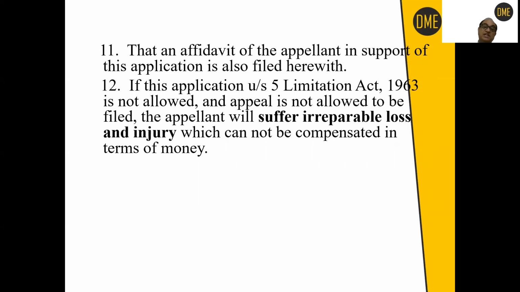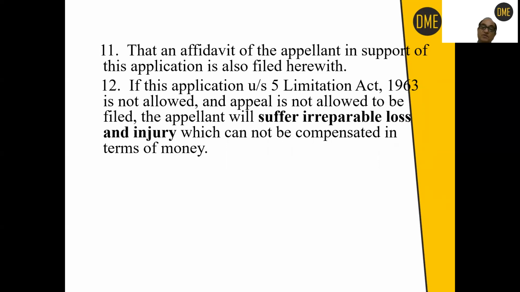Now the additional reason why your sufficient cause should be accepted, why your delay should be condoned, is because the other party has also acquired a definite right by lapse of time, and the decree holder is happy that 30 days have expired, so my decree has become final. He is more than happy, but you are justifying your own cause.